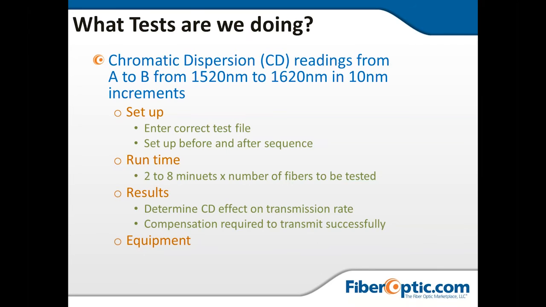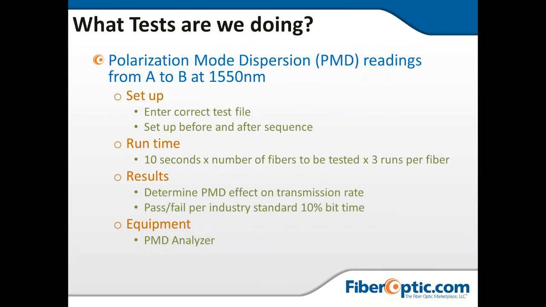Now, PMD testing, we're going to have some of the same setup. We're going to put in all the correct test files. We're going to set it up for distance. Then the runtime is typically 10 seconds times the number of fibers times 3, because it usually runs the test 3 times and averages any results.